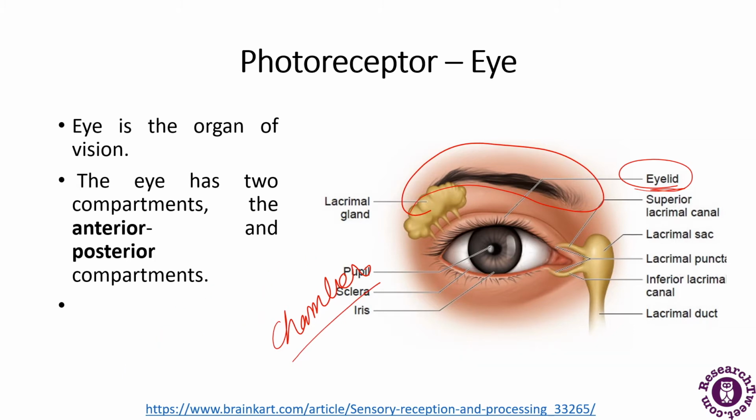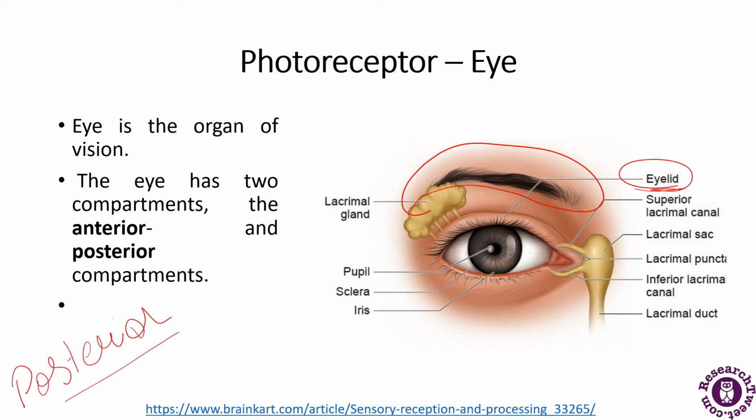Next is the posterior compartment. It lies between the lens and the retina, and it is filled with a jelly-like fluid which is called the vitreous humor. That helps to retain the spherical shape of the eye.